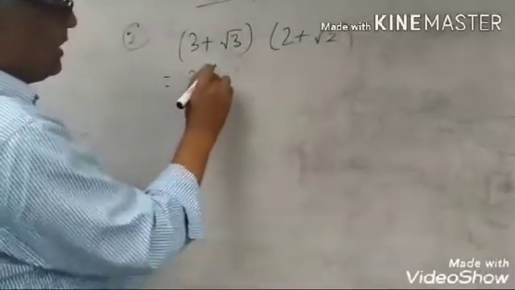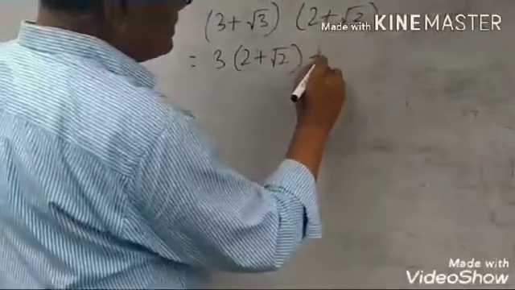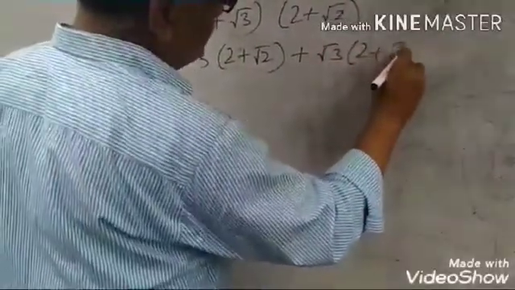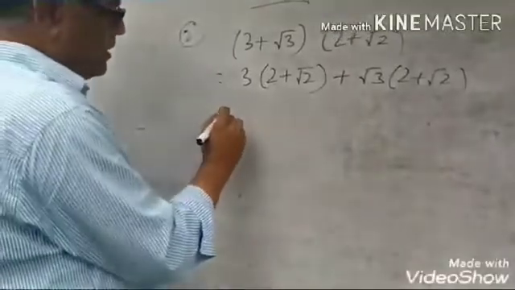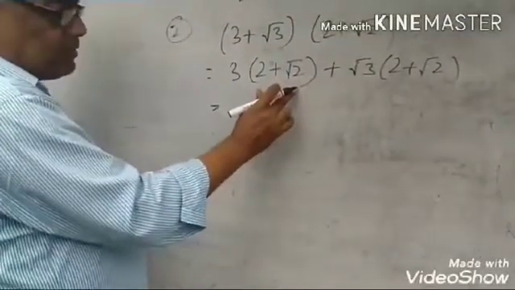That means 3 into 2 plus under root of 2 plus root 3 into 2 plus under root of 2. At first I have taken 3 and multiplied by 2 plus root 2.